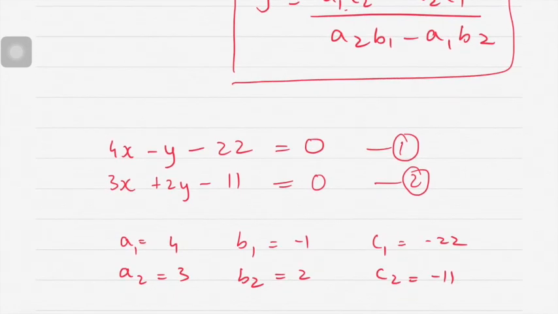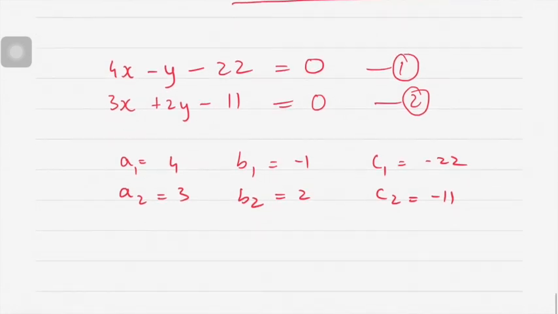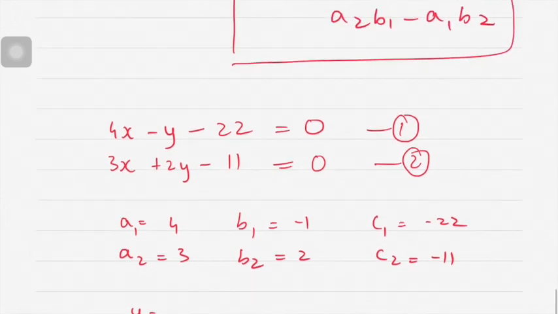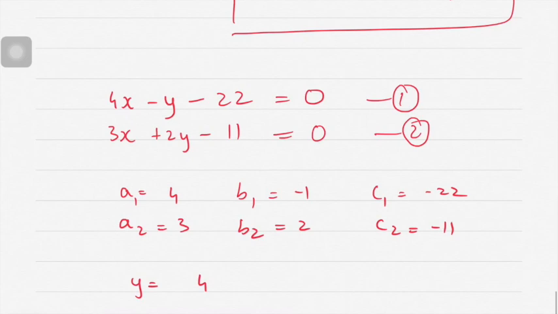Okay. Now let's find the value of y using both the formulas which we got. It doesn't make any difference. I just want to show you that it is one and the same thing. So y is equal to, what is my formula? A1 into C2.